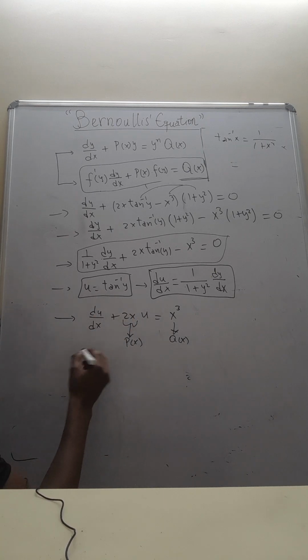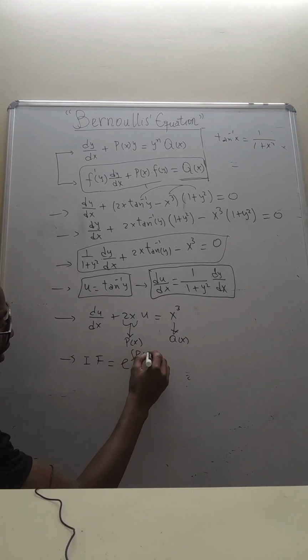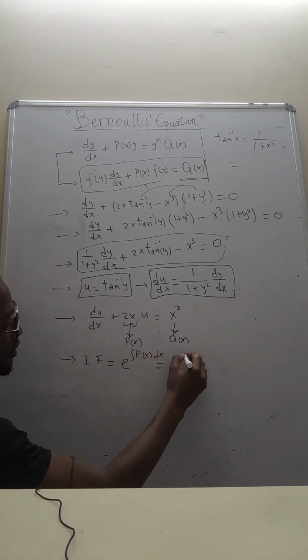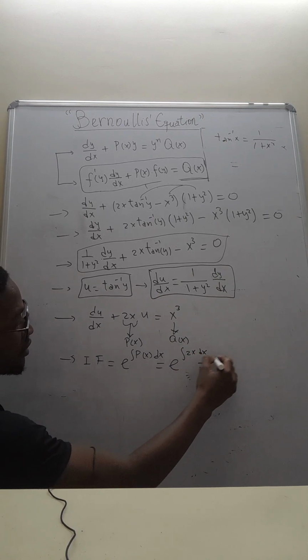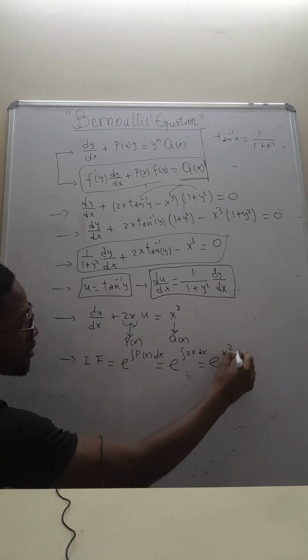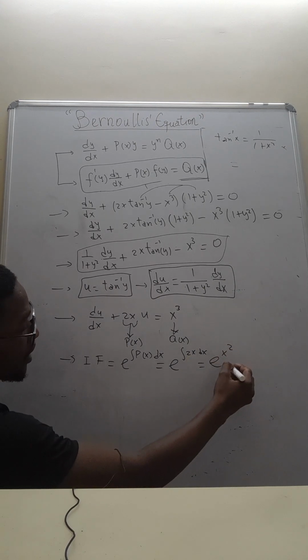Now you can solve. First you have to find your integrating factor. IF will be e raised to the integration of p of x dx, the integration of 2x dx, which is e raised to x squared.